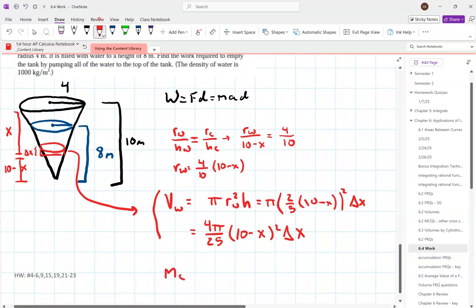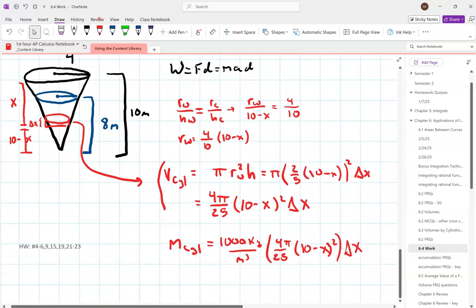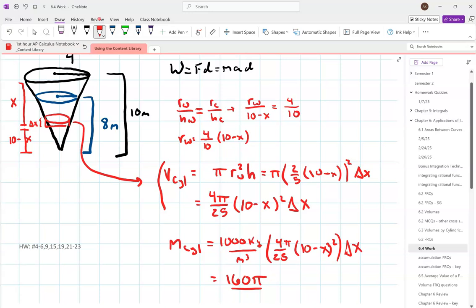Now the mass of that cylinder is going to be 1,000 kilograms per meter cubed times that. So that comes out to be like 160 pi.